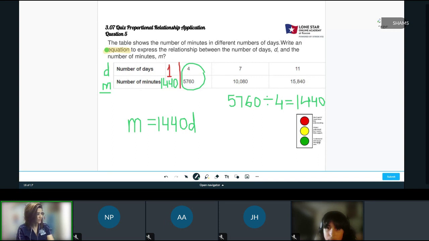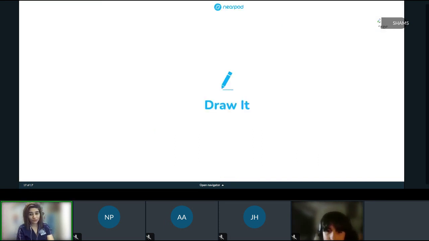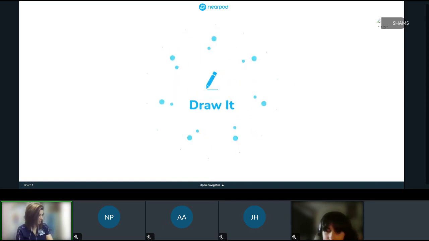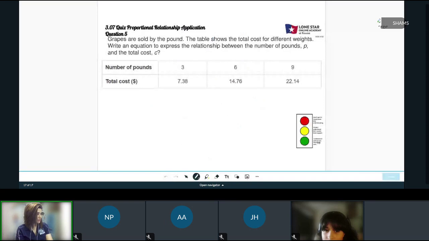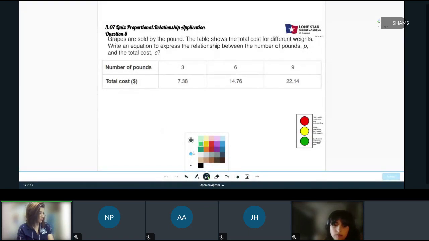Okay, let's go ahead and move on. I am also looking at how you guys are doing in Nearpod. So this is 3.07. About grapes. Again, they also want you to write down an equation.